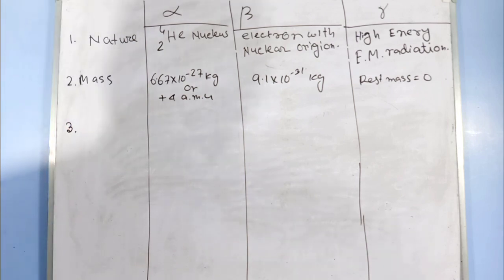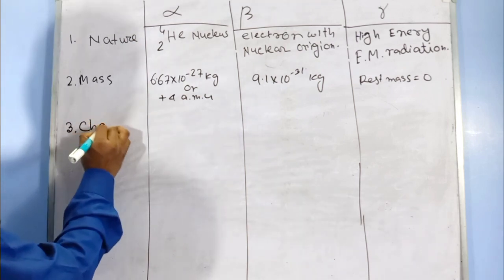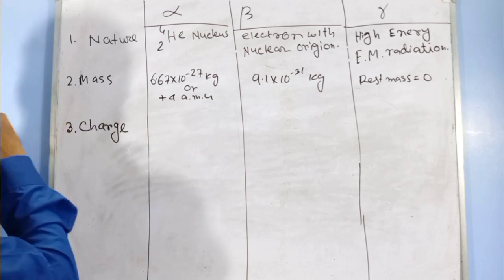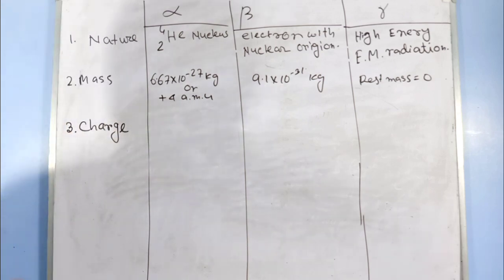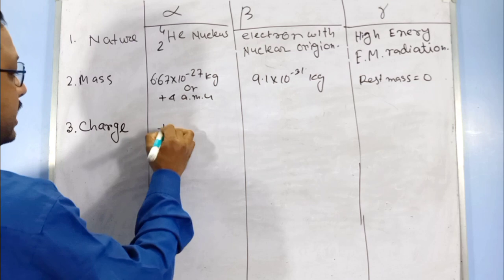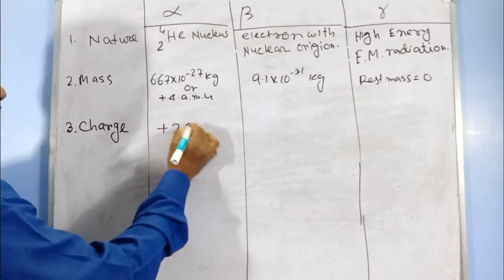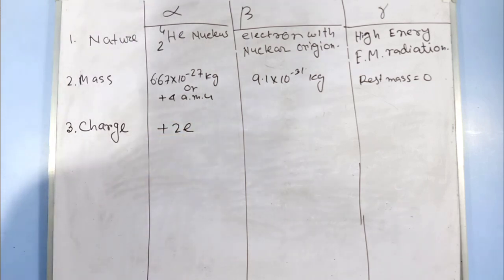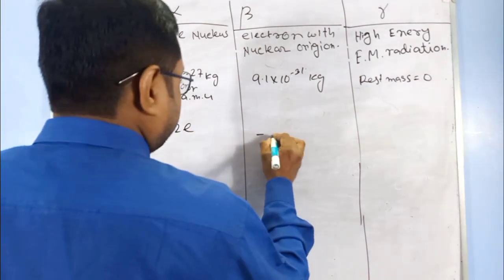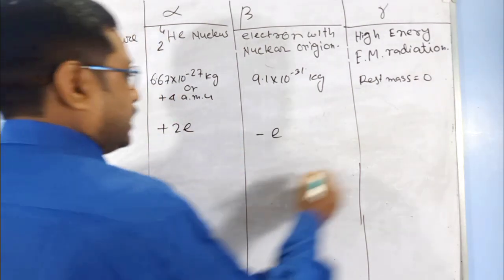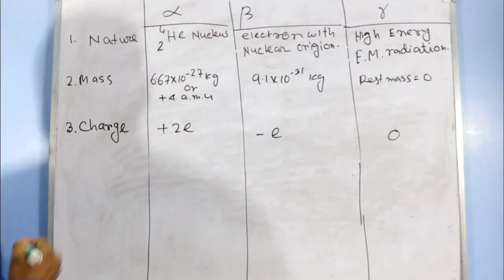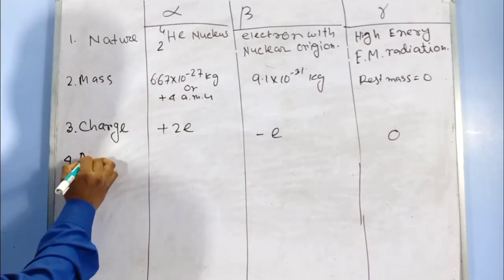Number 3 is charge. The charge of an alpha particle is plus 2e, that is 2 times the charge of an electron, 1.6 into 10 to the power minus 19 coulomb. The charge of a beta particle is minus e, and the charge of gamma is 0. Number 4 is deflection.